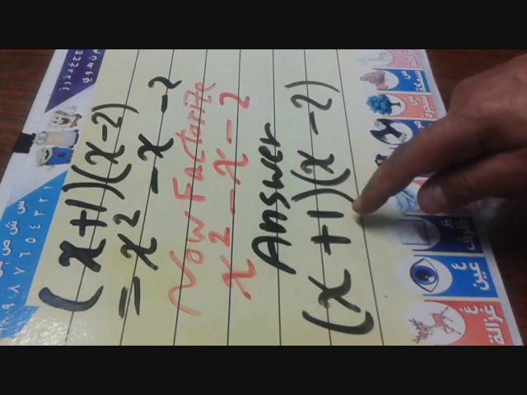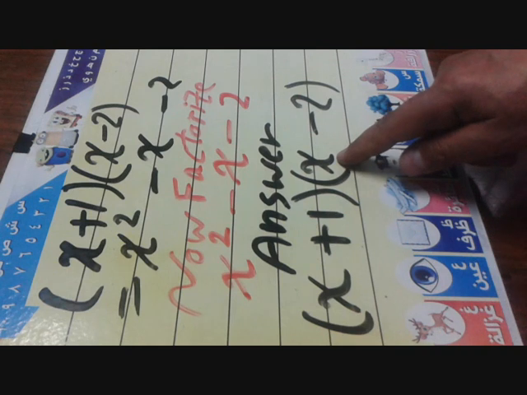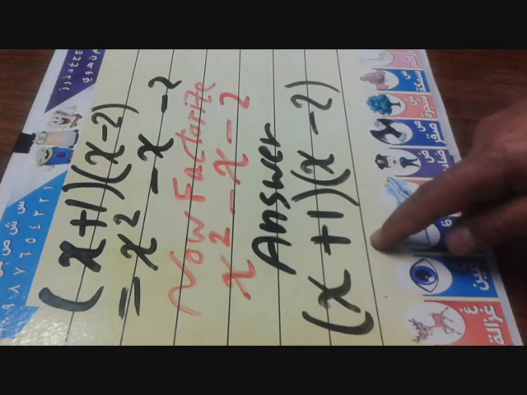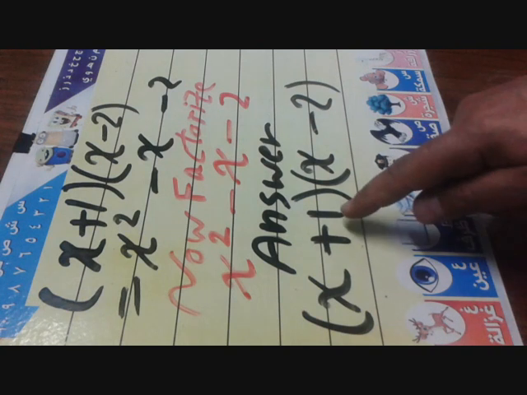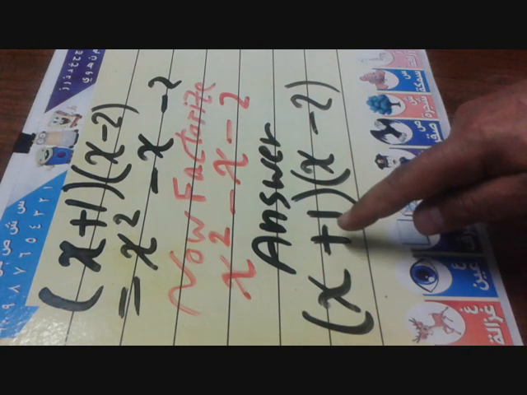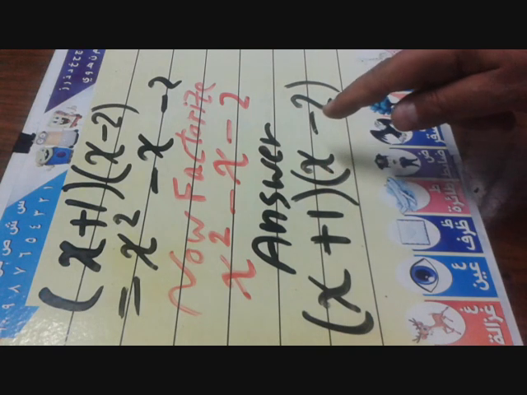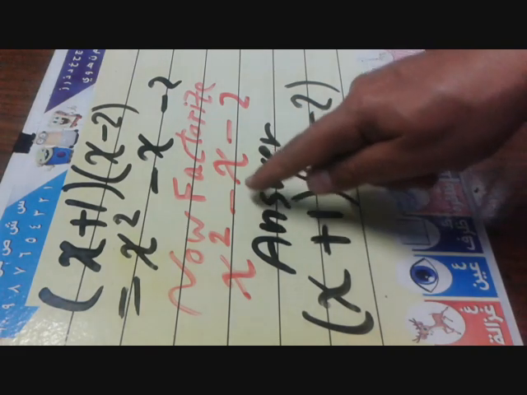And the product of inner terms added to the product of outer terms gives the middle term here. Notice that positive 1x plus negative 2x equals negative x.